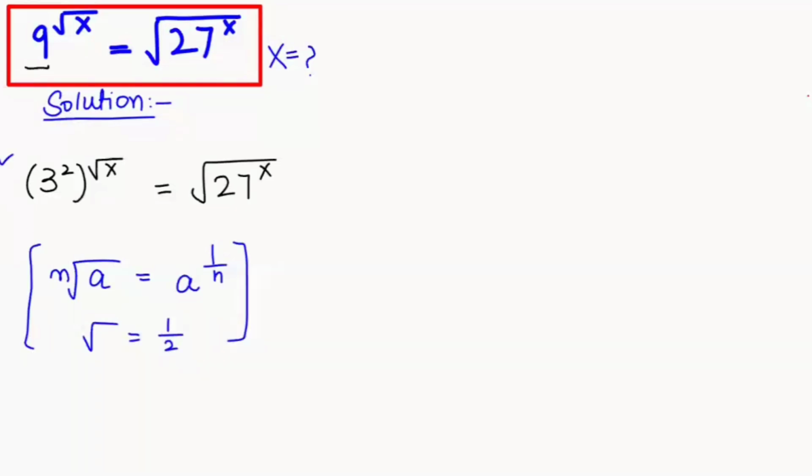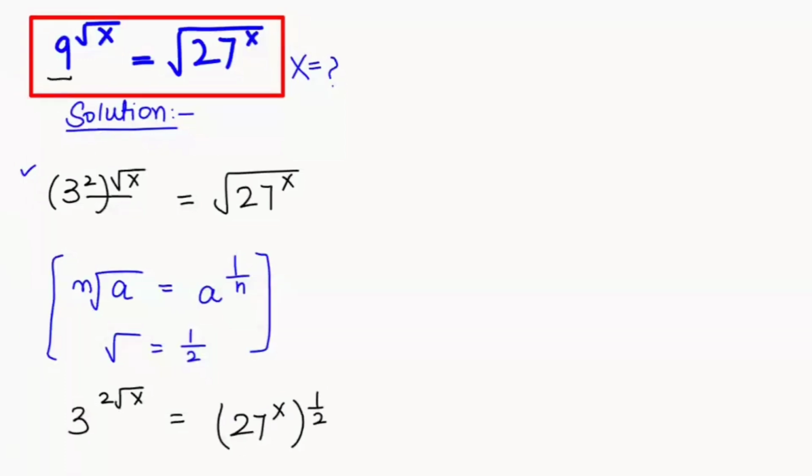So this equation turns to 3 to the power of, here the powers are going to be multiplied, 3 to the power of 2 root of x is equal to 27 to the power of x and whole to the power of 1 over 2.